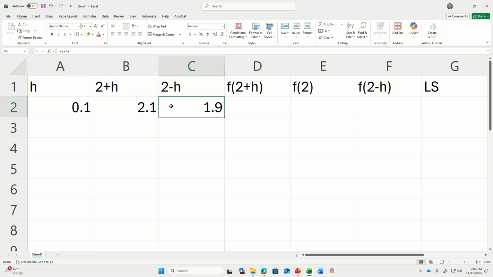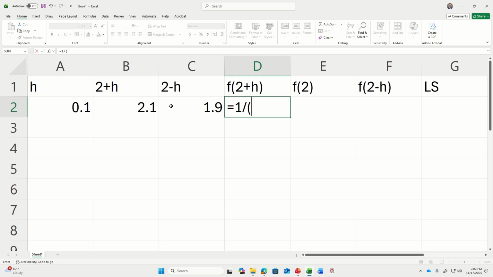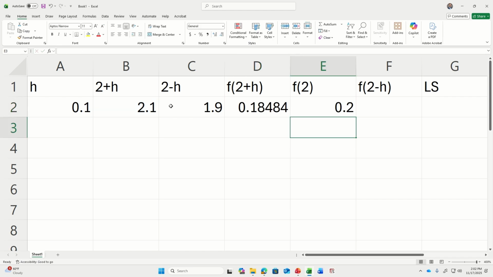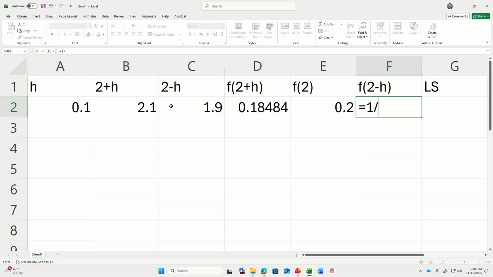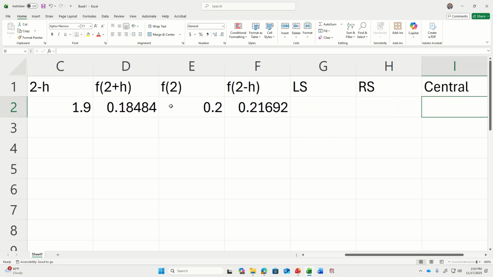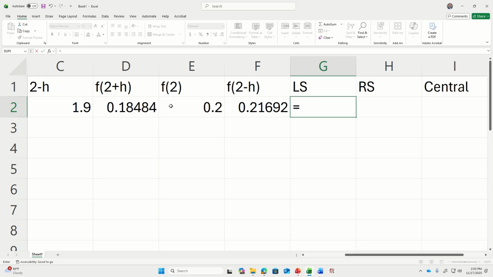My function that I'm dealing with right now is 1 divided by x squared plus 1. So for my left side approximation, what I'm going to do is take f of 2 minus f of 2 minus h divided by h.